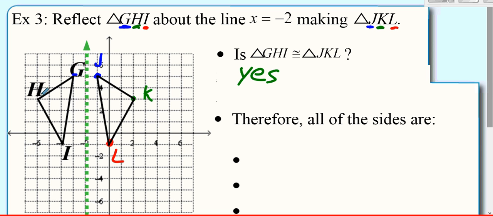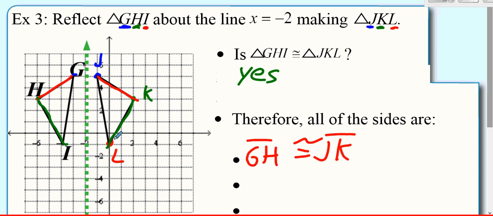So we can take side GH, and that's going to be congruent to side JK. Since we start with G, you got to start with J. Then you can take side HI, and that's going to correspond and be congruent to KL.